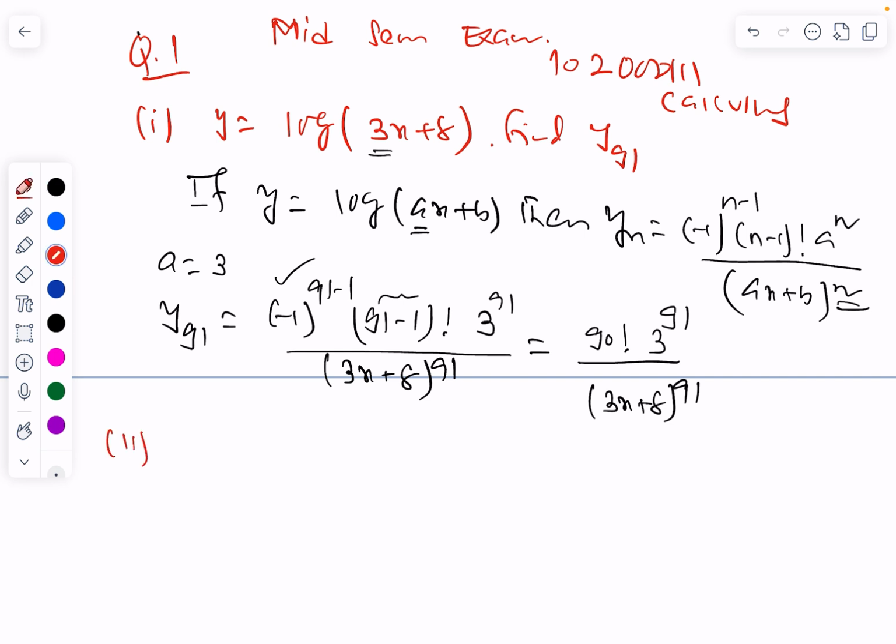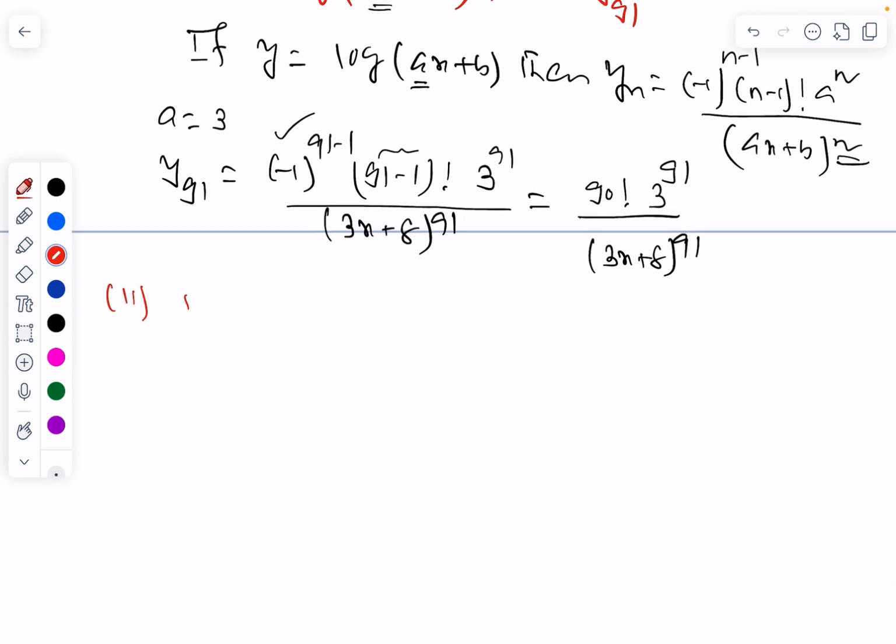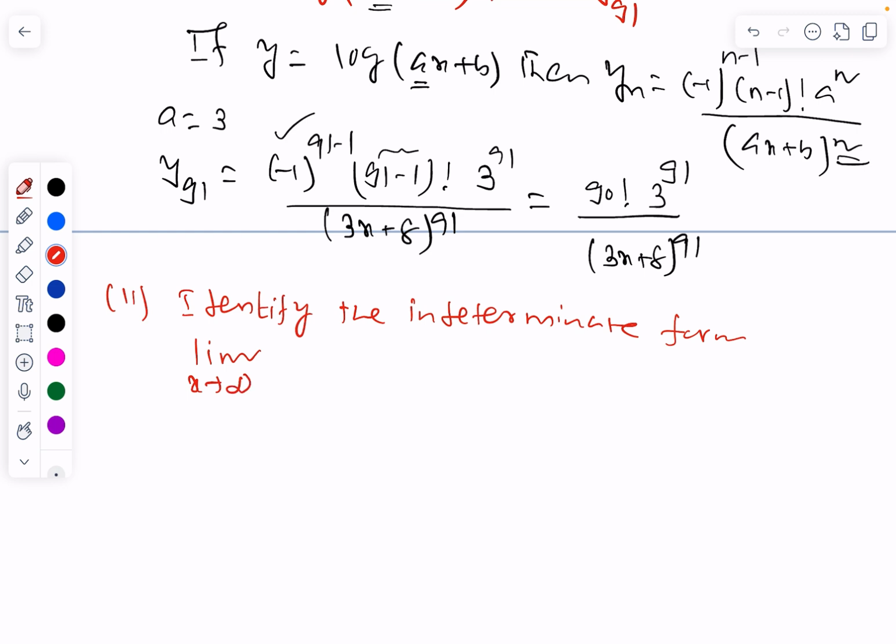Second, identify the indeterminate form of limit x tends to infinity of 3x plus pi over 3x minus 7, to the power x.